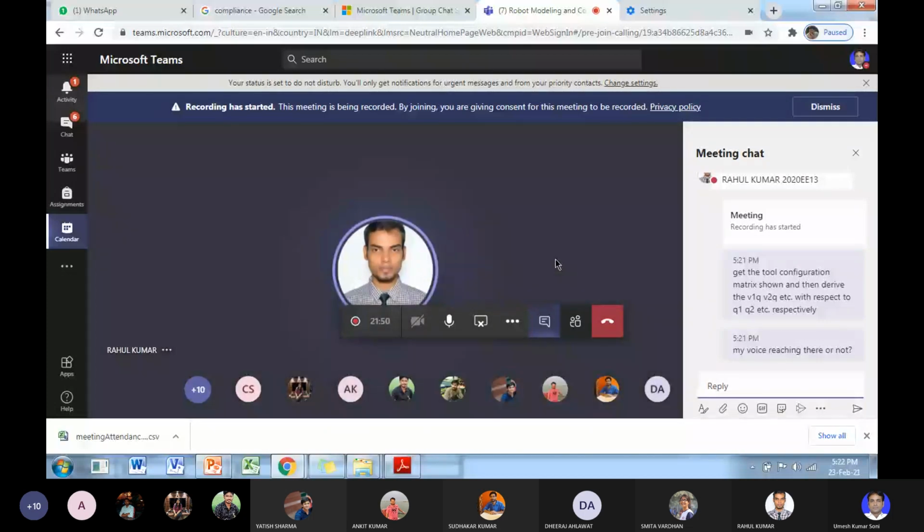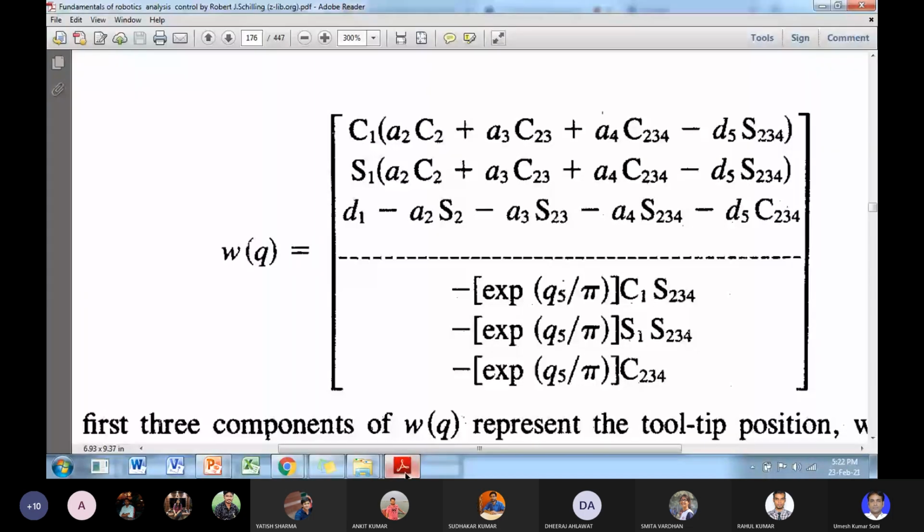Yes, you follow the instruction I had given in the chat box, and you have this matrix. Can you see the matrix here? You follow that.